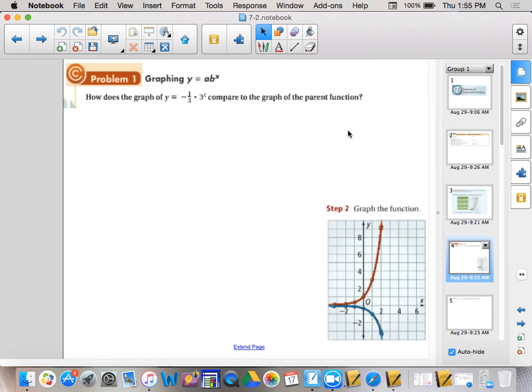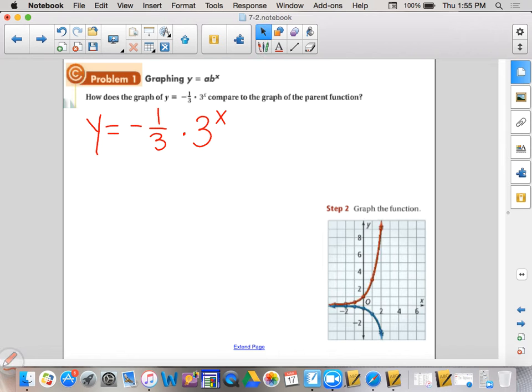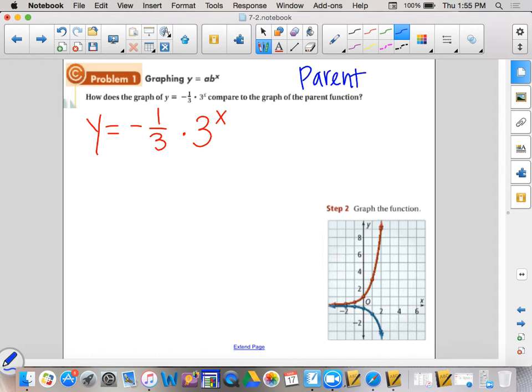It says y equals ab raised to the x. How does the graph of y equals negative 1/3 times 3 raised to the x compare to the graph of the parent function? We know when we're talking about exponential functions that our parent function is y equals b to the x.